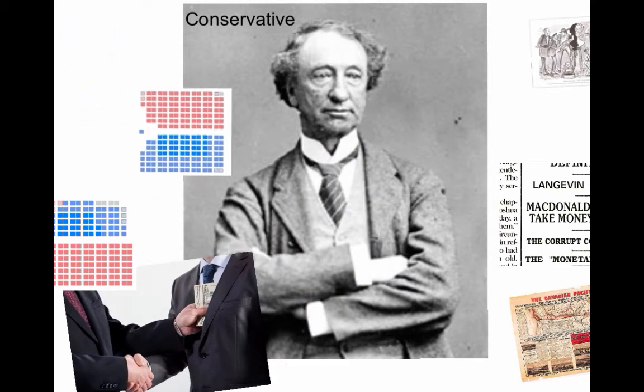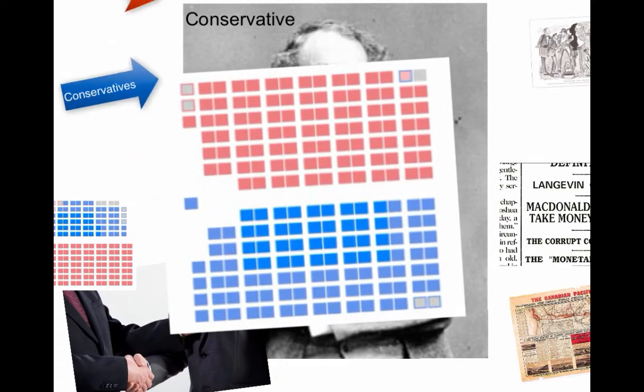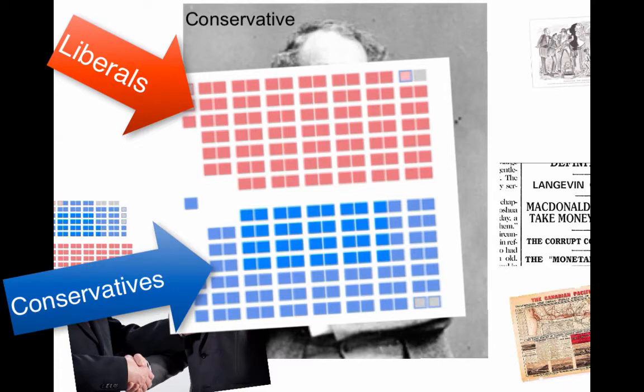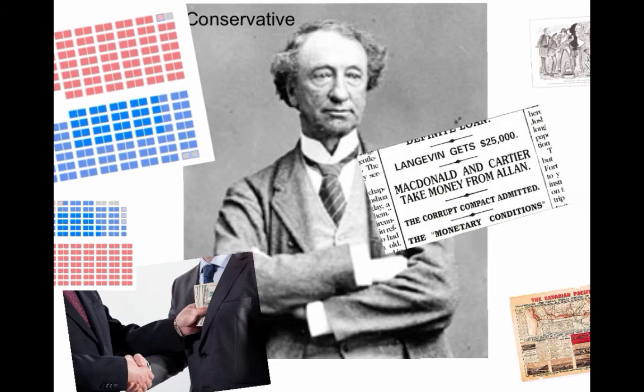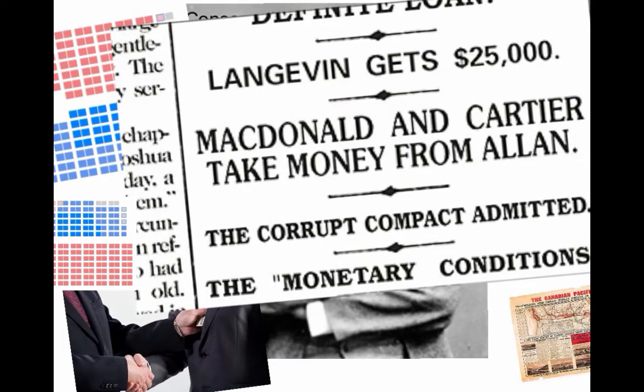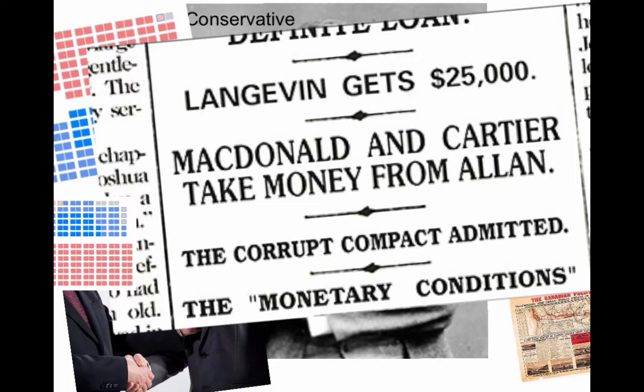At this time, the Conservatives were a majority in the government, so this is an illustration of the amount of seats that they have in Parliament. They have more than the Liberals, and they end up winning this election using the money that they got from the CPR.